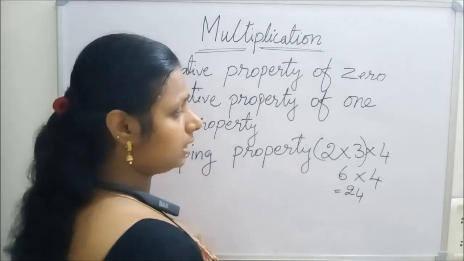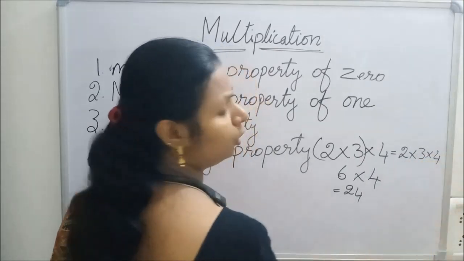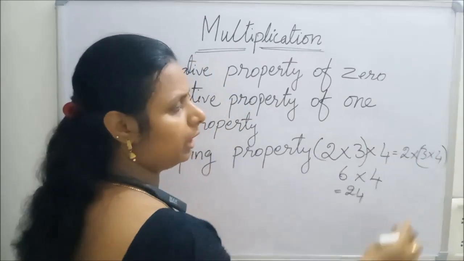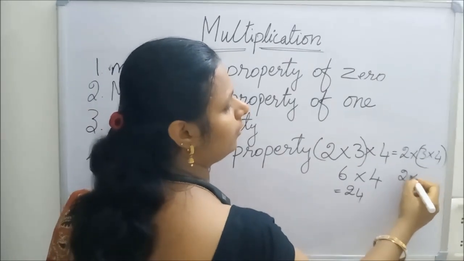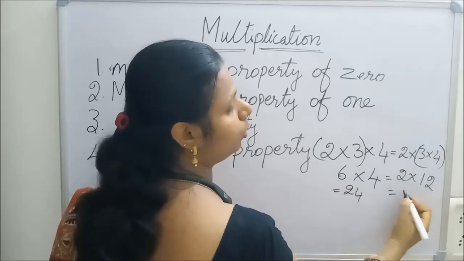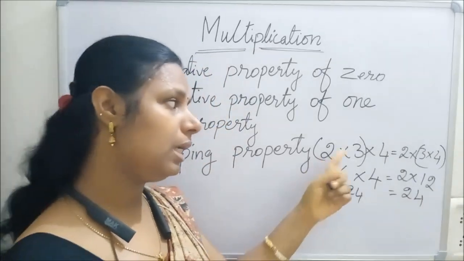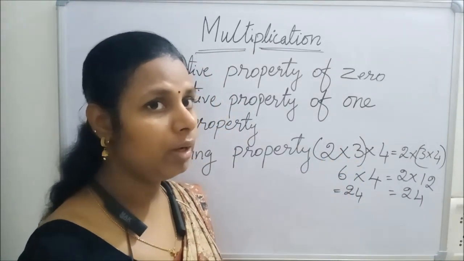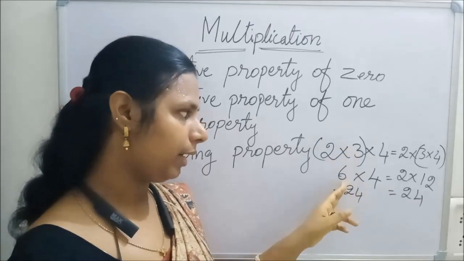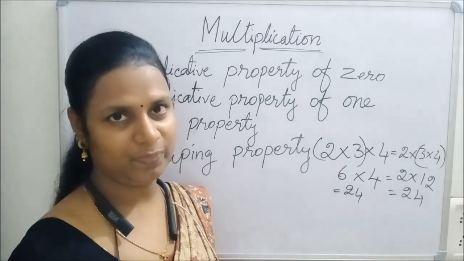Isn't it? The same thing if I take other 2 numbers, any numbers you can take. If I take 3 4s are 12, then 2 12s are 24. The answer is same. You take any numbers as a group, then you multiply, then you take the third number and multiply, you get the same answer.